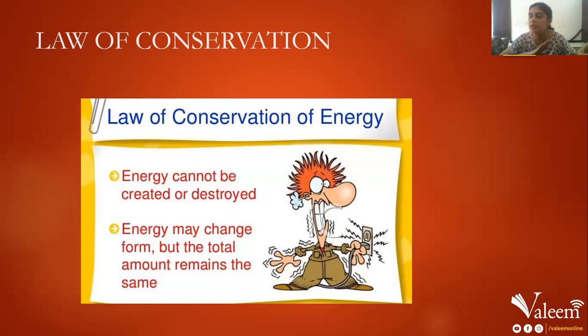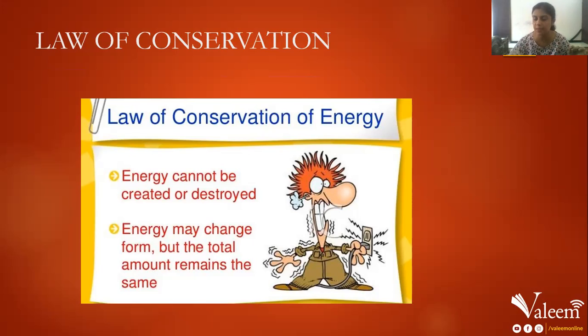Energy has always been there since the beginning of the earth, or mankind, and it cannot be destroyed. But energy can change its form from one form to another, like I explained earlier, from an energy store to an energy transfer and vice versa. So whatever we have done up till now proves the law of conservation.